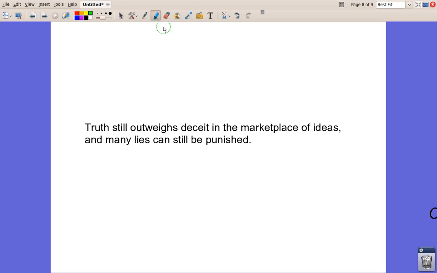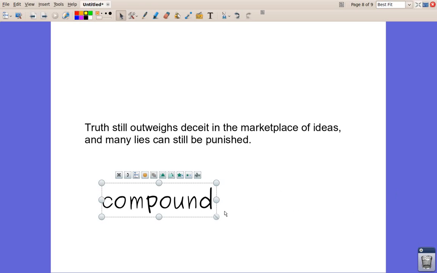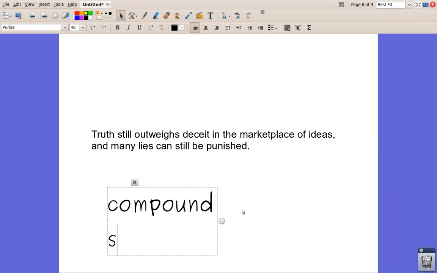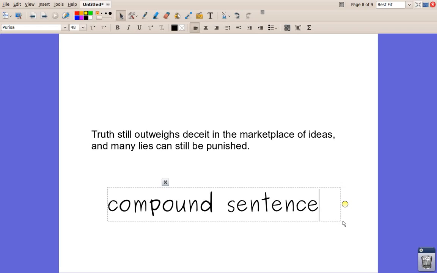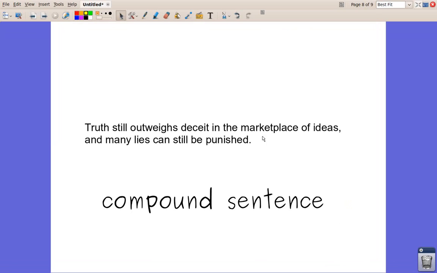And here we go. Now this is where we're touching into some much more complicated stuff. Truth still outweighs deceit in the marketplace of ideas, and many lies can still be punished. This one is actually a compound sentence. We shouldn't just say compound, we should say compound sentence, because we have two sentences smushed together.